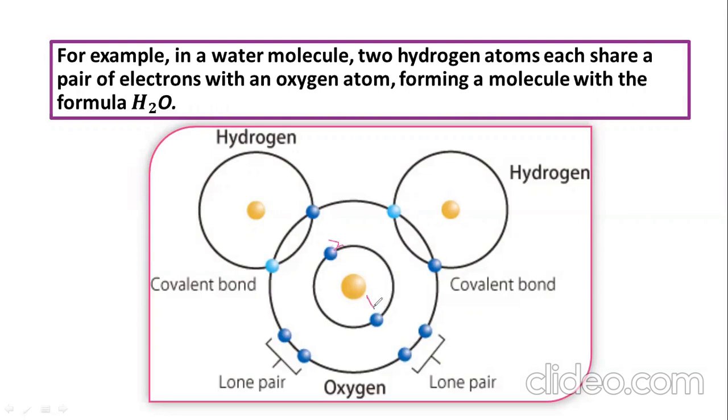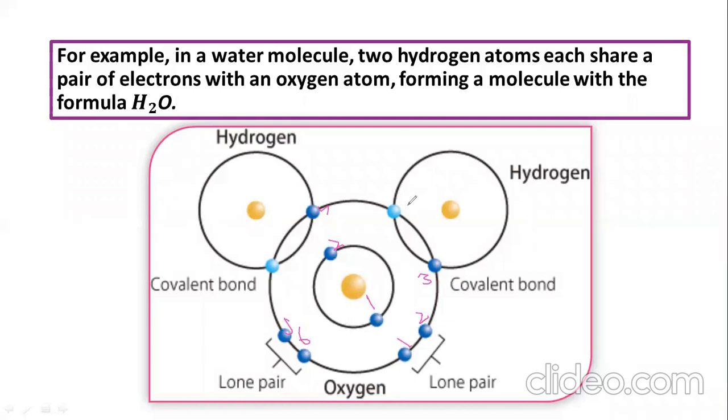The first shell is complete for oxygen, right? But the second shell contains how many electrons? 1, 2, 3, 4, 5, and 6 electrons. It means oxygen needs how many electrons? 2 electrons needed by oxygen to complete its shell and become 8.